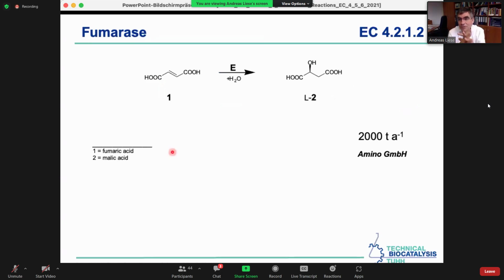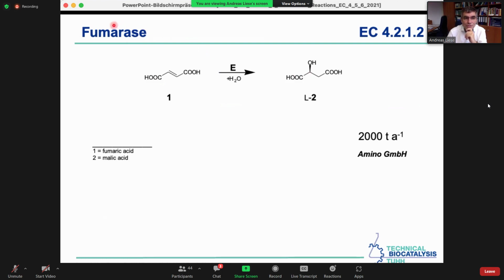Yeah, and the examples in terms of enzymes that we have were fumarase and aspartase, both large-scale applied processes. And in case of the fumarase, we're adding water to the double bond, what you see here, and you're generating a chiral alcohol.